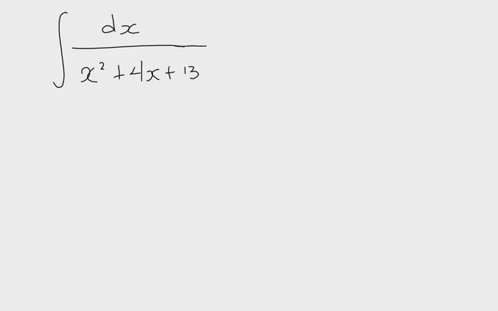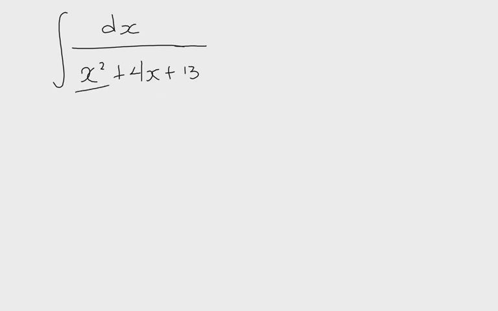Now, another one here is when you have the integral of x over x squared plus 4x plus 13. In this case, you cannot just say the variable is multiplied by 4.